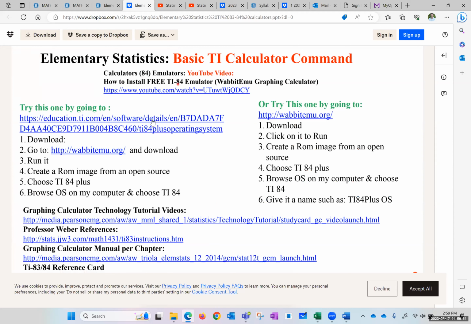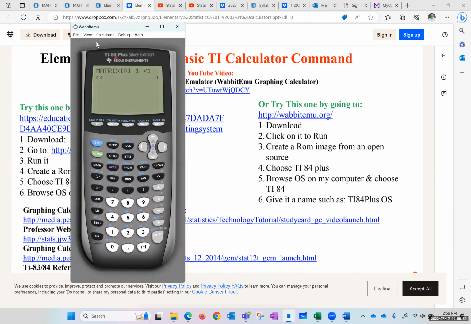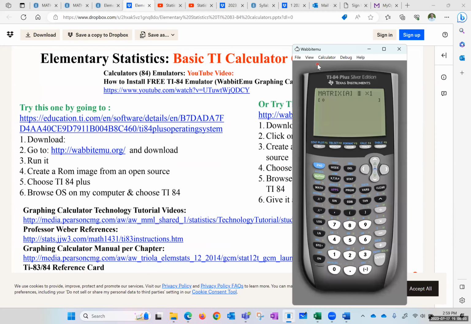Now, one of the things I've done, I want to show you this one. This is a calculator that I could download. It's an emulator online. And I use the information on this page. Now, I gotta be honest with you. Sometimes it's not easy to get that to happen.